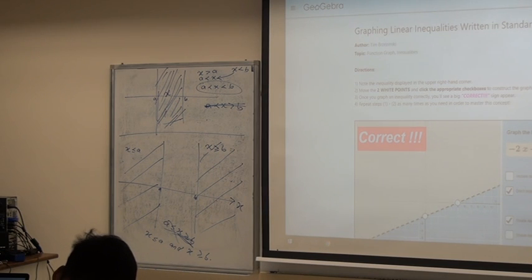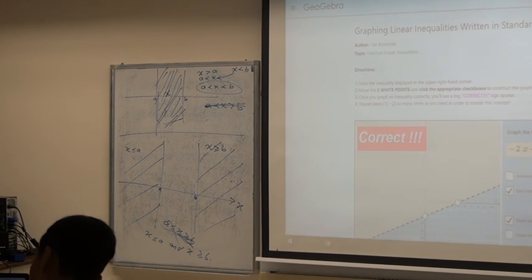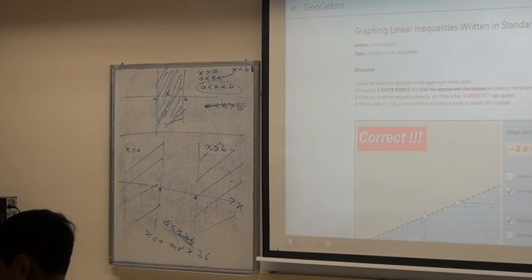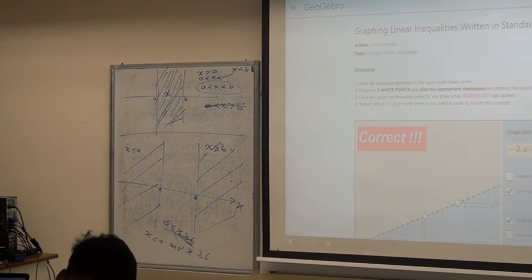By Friday, we will start the linear programming. We will start with the visible region of the equation, and the application of the linear programming. If I think we need to do some GeoGebra practical, I will come with the computer again.